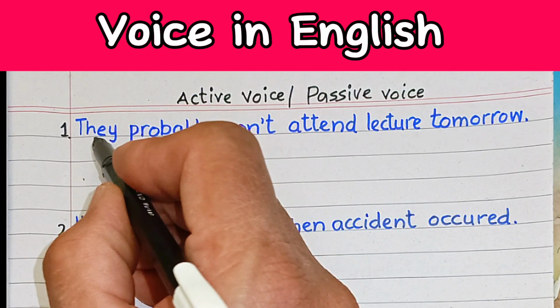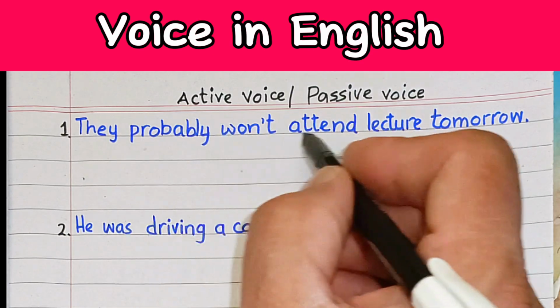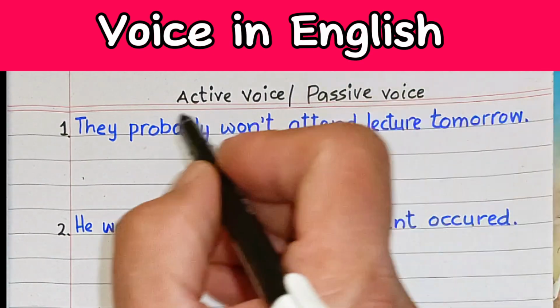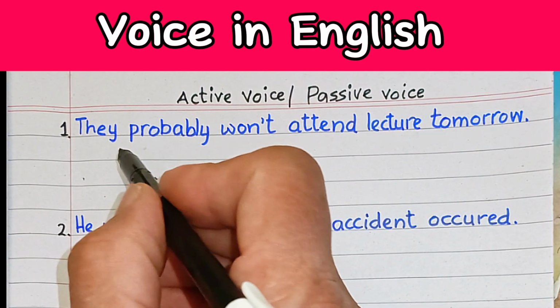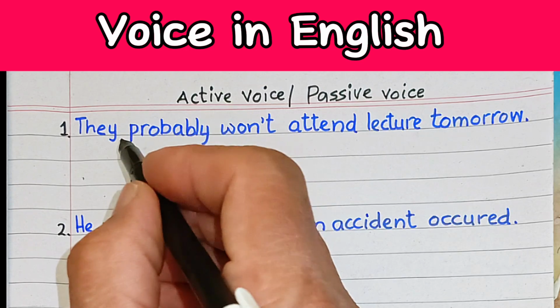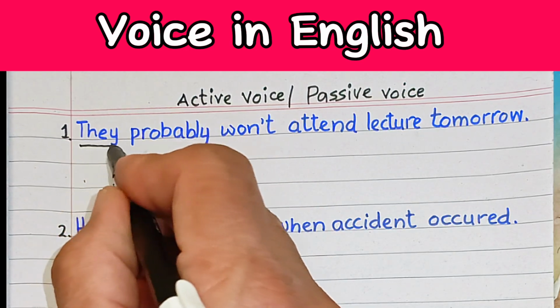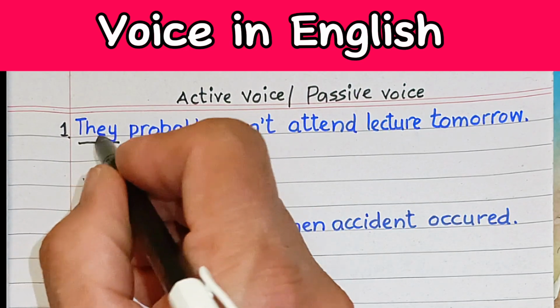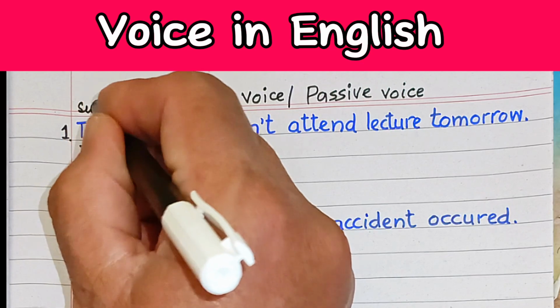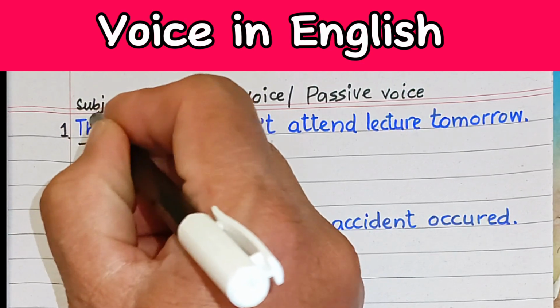So the first sentence is, they probably won't attend lecture tomorrow. First of all, if we want to convert active into passive, we have to identify which is the subject. So over here, the subject is they.